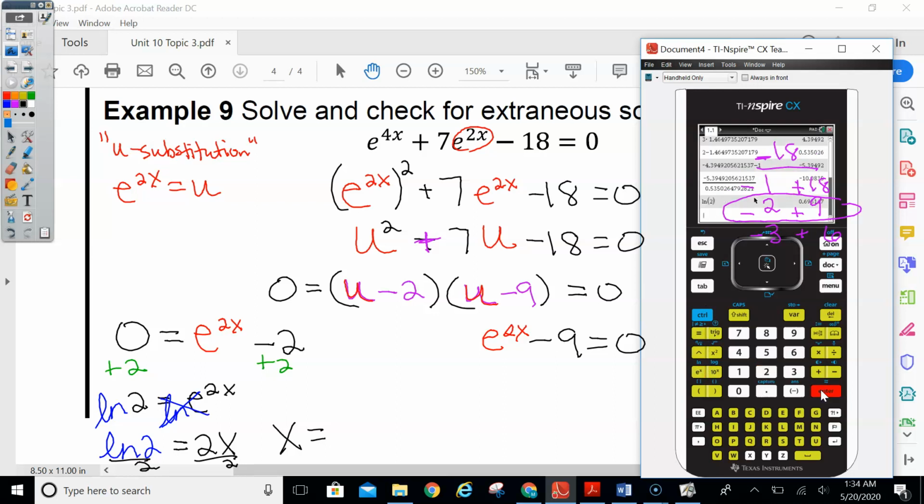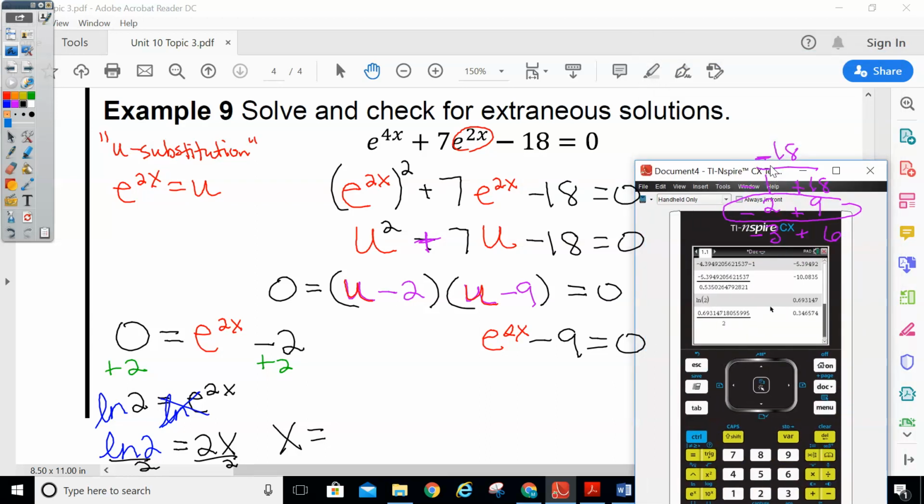There's that decimal, and then I'm going to divide it by 2. So this part is 0.346, which is going to round to 7 because of the 5. So 0.347.